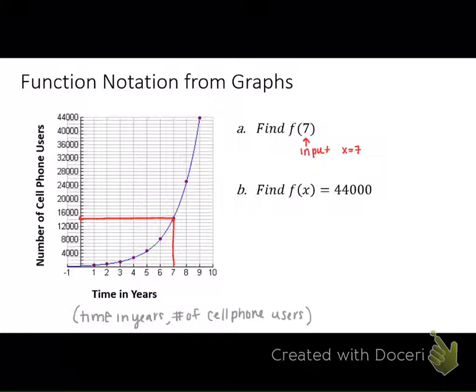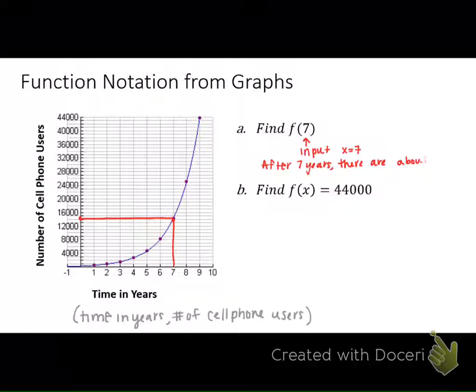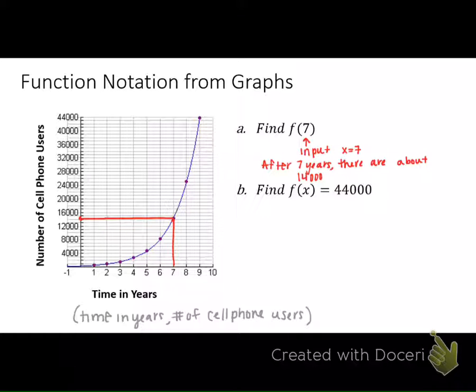So it's a little bit more than 14,000. So after 7 years, there are about, I'm saying about because it's an estimate, 14,000 cell phone users.